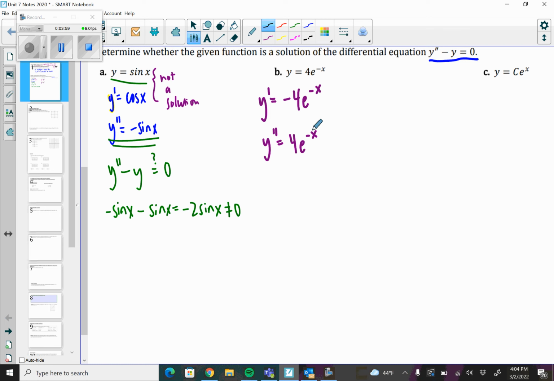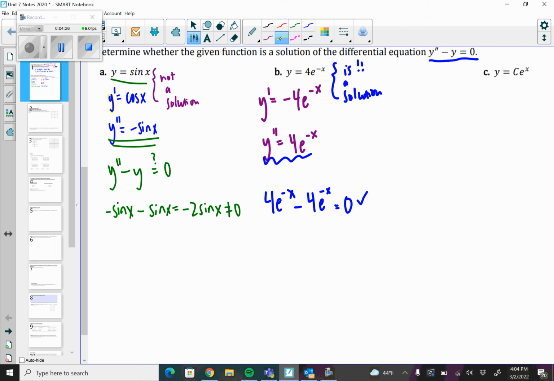If you don't know how I got those, you are going to need a chain rule for e to the negative x. Try those out. I know you can do it. Now we check y double prime, 4e to the negative x, minus the original 4e to the negative x. That is equal to 0, which means yes, this is a solution to our differential equation above.